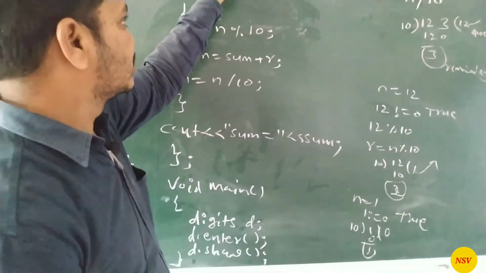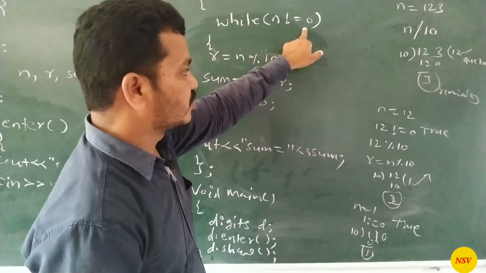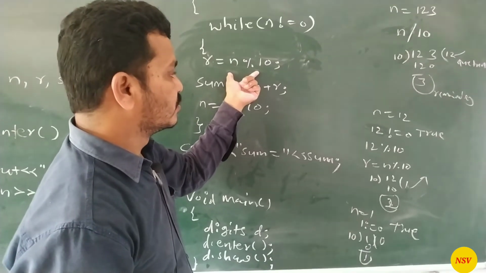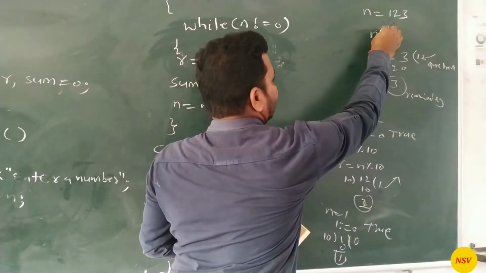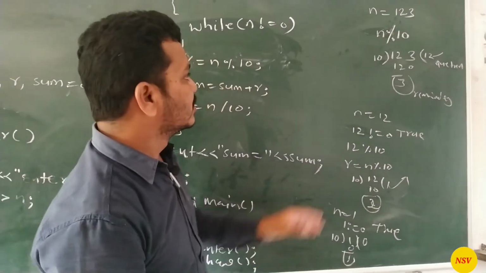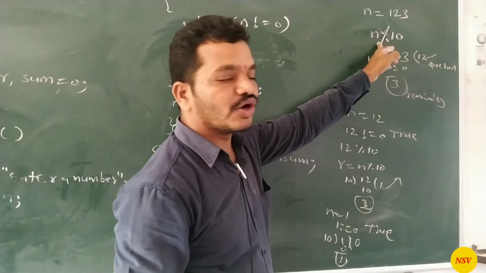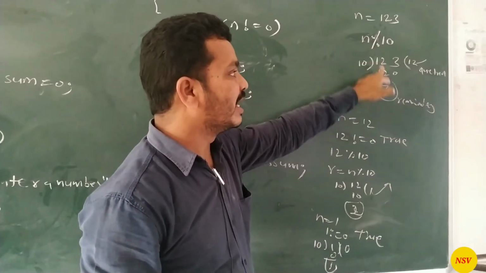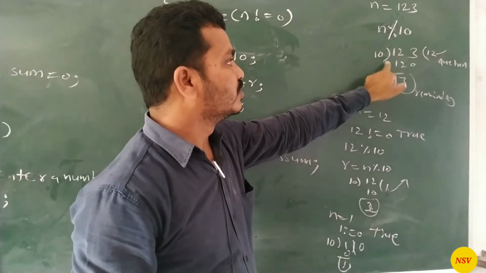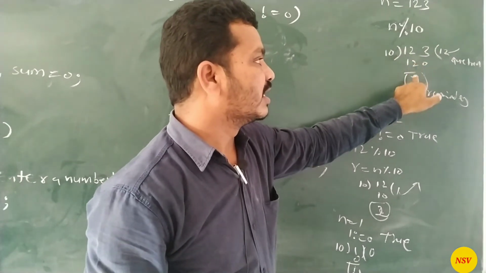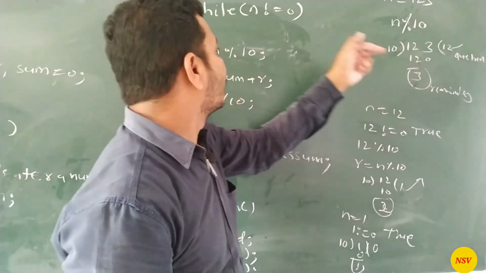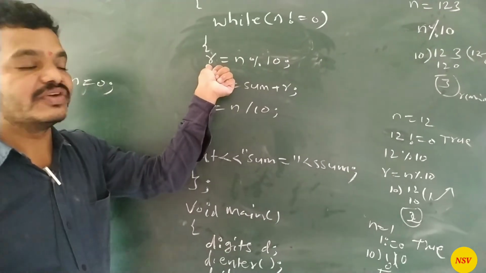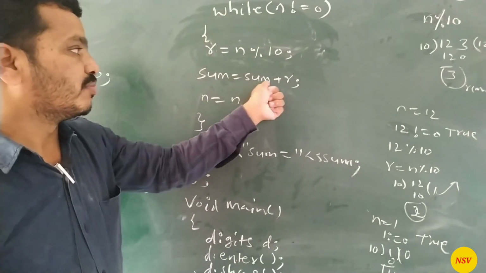The show function is called, while n is not equal to 0, the condition is true. So now n modulus 10. The modulus operator returns the remainder value: 10 12s are 120, remainder is 3. Then the r value is 3.